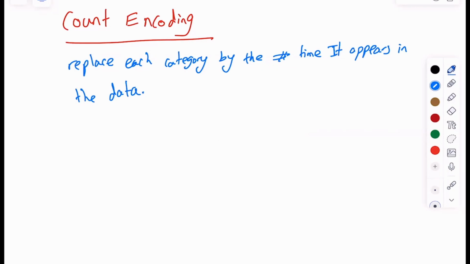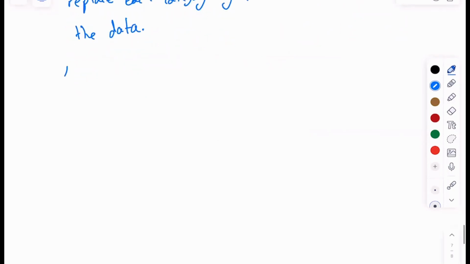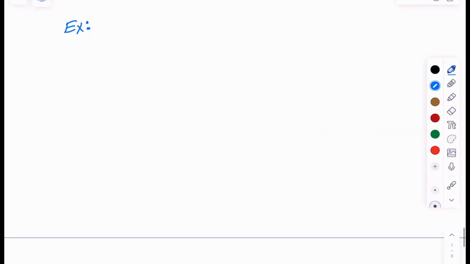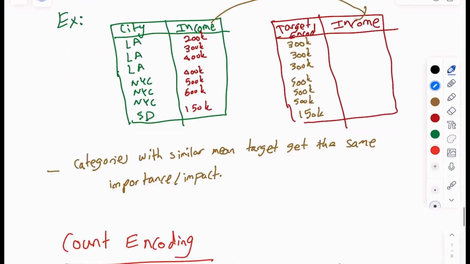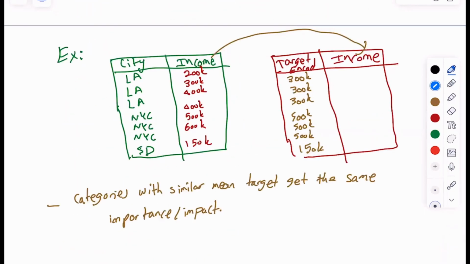All right, let's take an example. Let's look at the same example as we had before. Let's see if we can copy this one somehow.